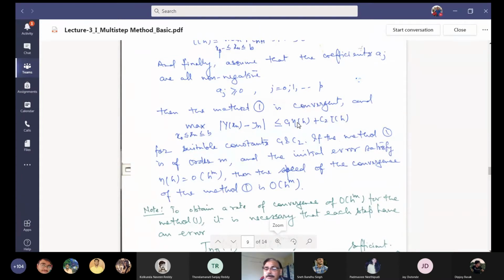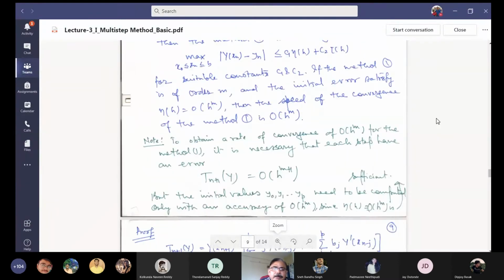Is that right? Yes, sir. It is written also here: order m, so it will be m plus 1. Local truncation error has to be of order m. Whatever I am saying is written here also.